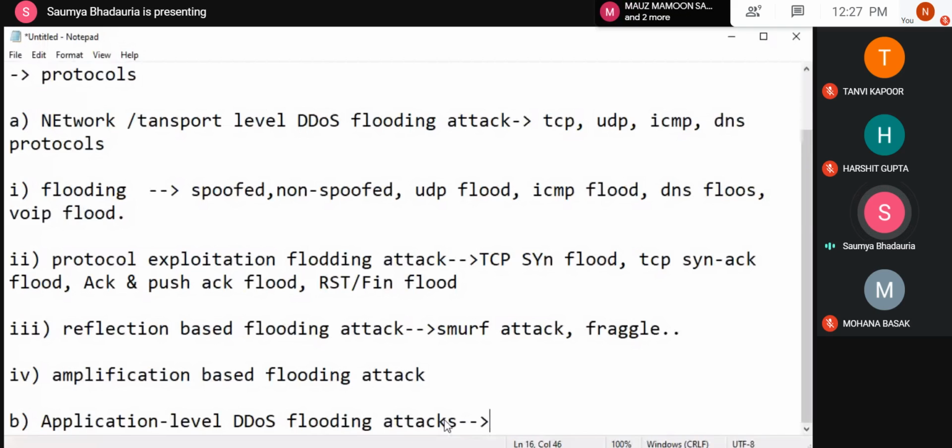Here, what server resources are we talking about? We'll talk about the sockets, CPU, memory, disk or database bandwidth, or the input-output bandwidth.